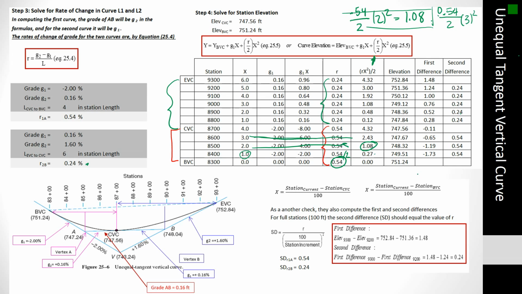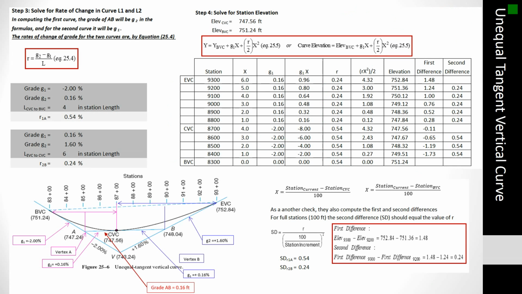That's going to give us the 2.43. Okay, sorry about the mess here. Now, once we have this column and this column calculated, we can figure out our elevations.